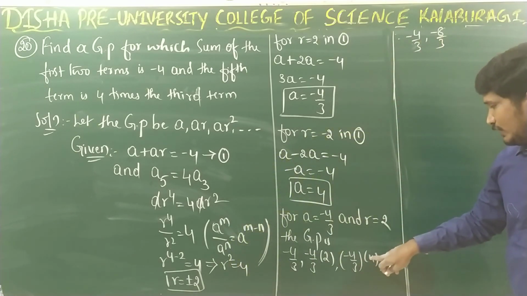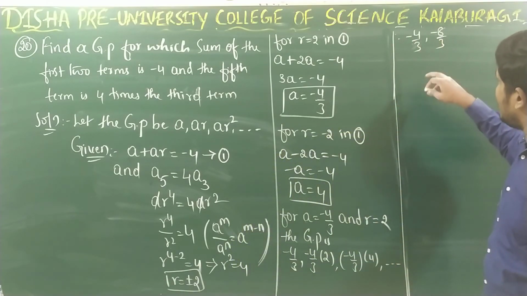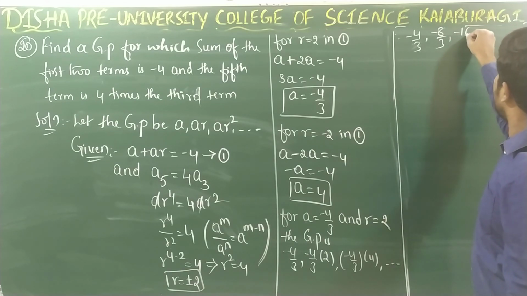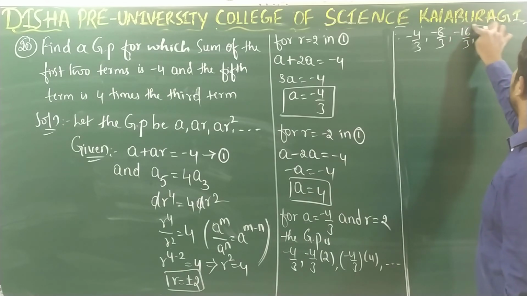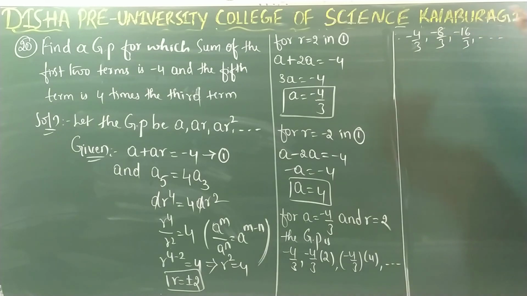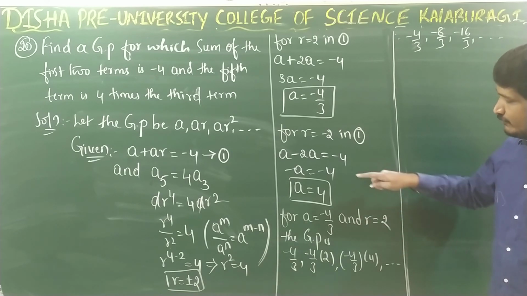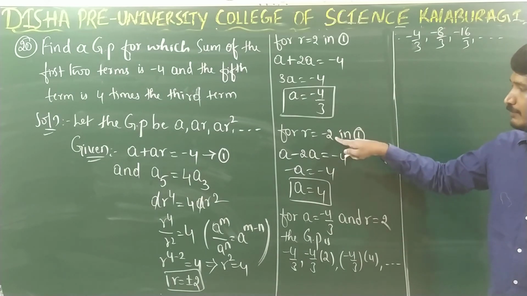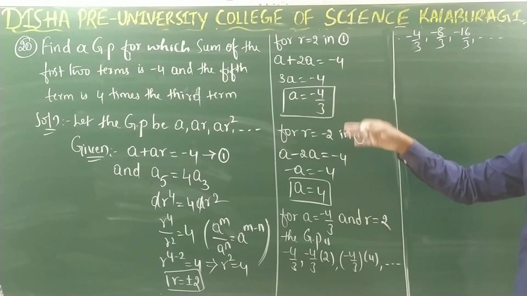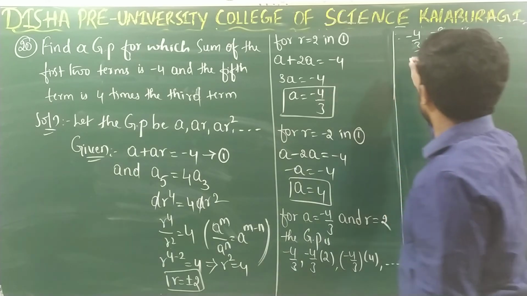Next, 4 into 4 is 16, minus into minus... plus into minus is minus, so minus 16 by 3, and so on. So these are the terms of the geometric progression whenever a is minus 4 by 3 and r is equal to 2. We have one more value for a and r, so let us take that also and see the GP, right?